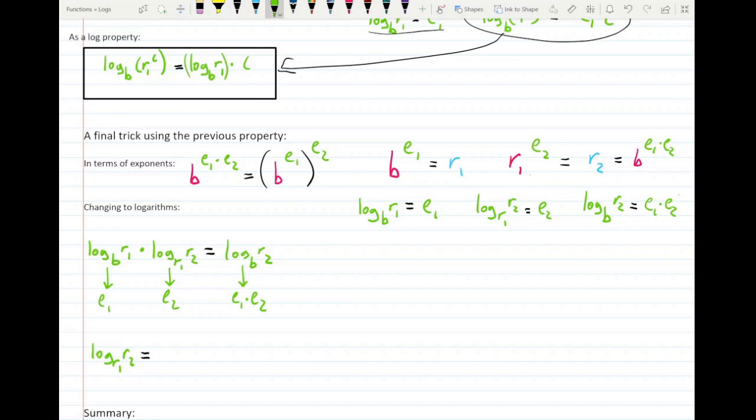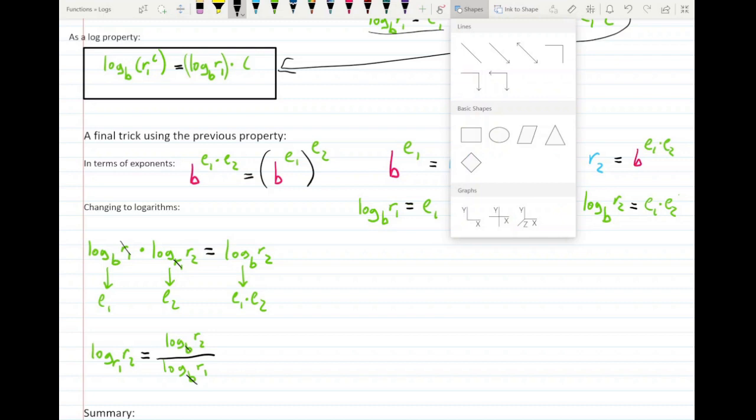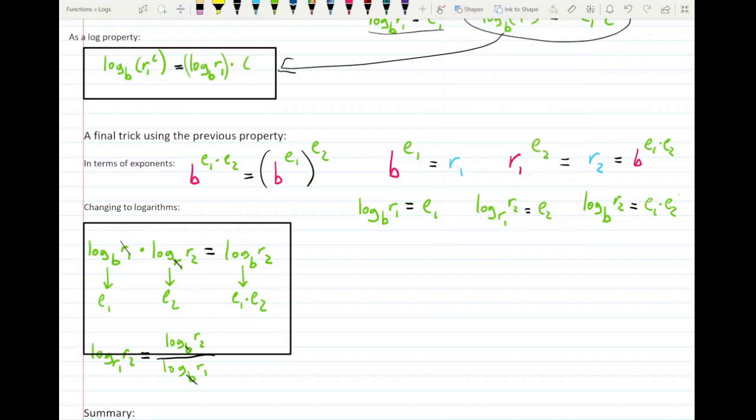So log base r1 of r2 is equal to log base b of r2 all over log base b of r1. In both cases, you can remember the property just by imagining that you're canceling out bases. Now this isn't what's actually happening, because these aren't really fractions that we can cancel out, but that's just a way that a lot of people decide to remember this property. In any case, this change of base property is the final log property that we'll be talking about today.